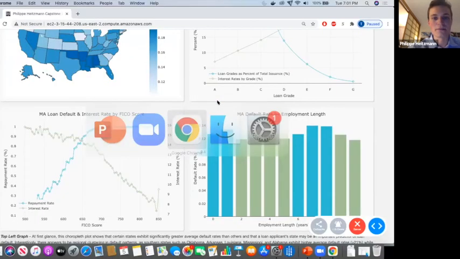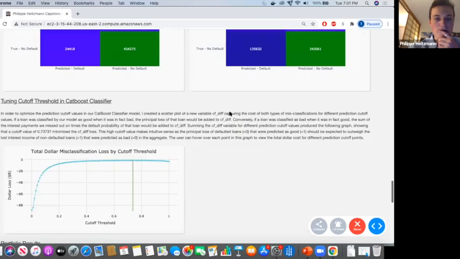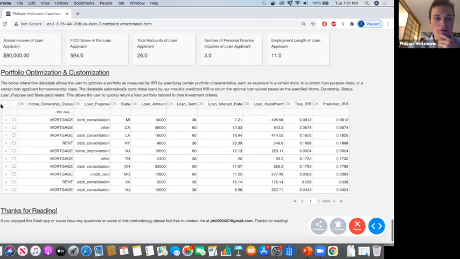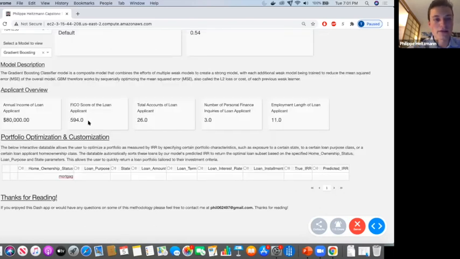But you can play around down here with filtering for different features, and if an investor, for example, was interested in only gaining investment exposure to people that have mortgages, they'd be able to type in this bar right here, mortgage, and it would filter all values, in this case, the app isn't responding correctly, but it would.